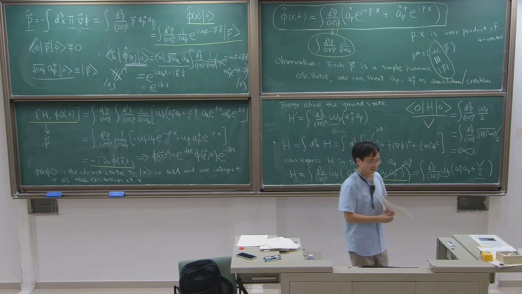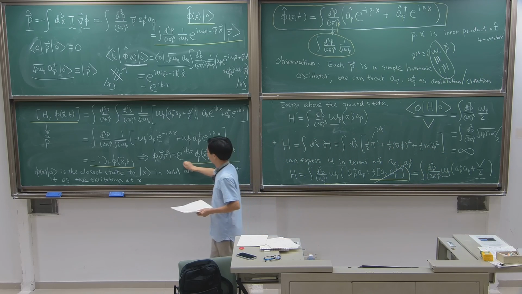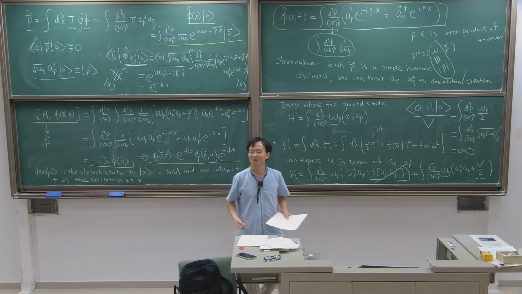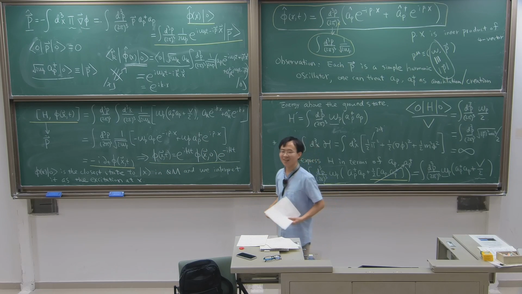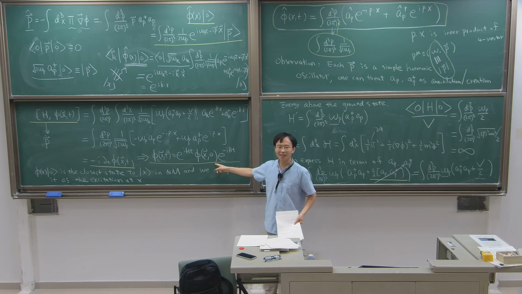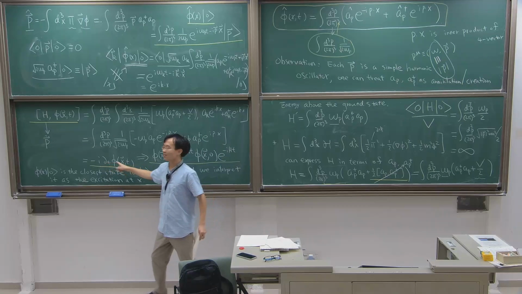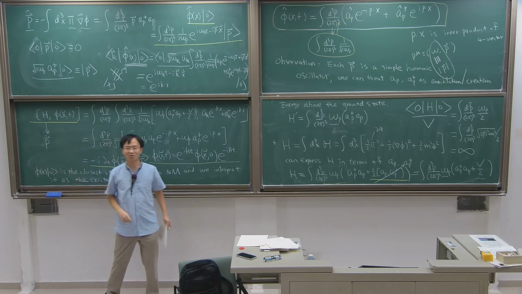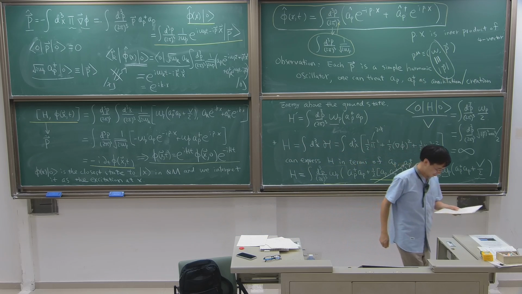Someone tells you there is a solution. You should be able to plug in the solution to check whether it satisfies the equation. Indeed, plug in this right-hand side. Take the time derivative. This is nothing but the commutator with H. This is straightforward.